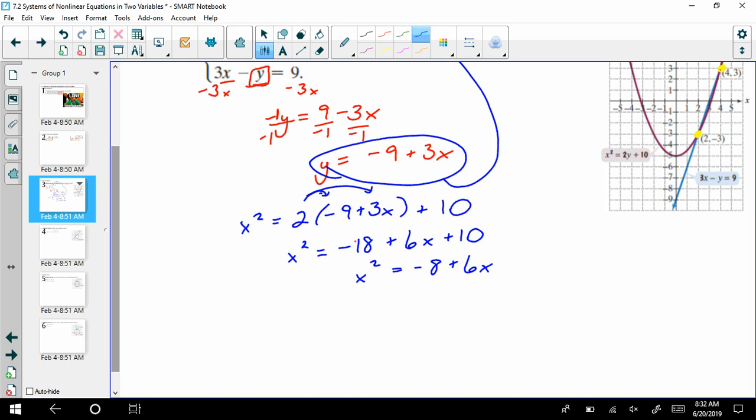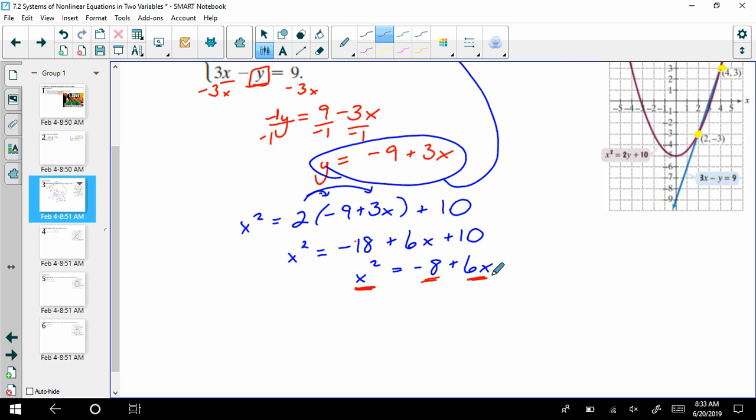Sometimes this is where people get stuck because they don't know where to go from here, especially since I have something squared, something not squared, and an x term. If you have something that's squared, remember a few units ago we talked about ways to solve quadratics. You can factor, you can try square rooting, you can complete the square, or you can use the quadratic formula.